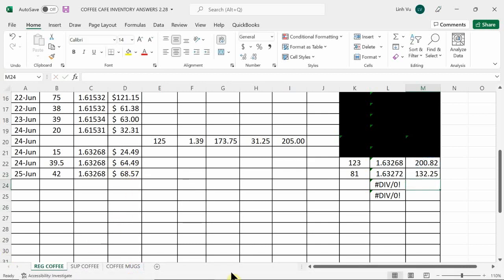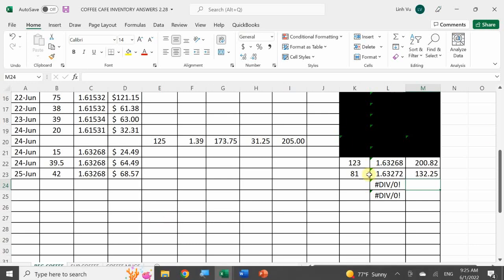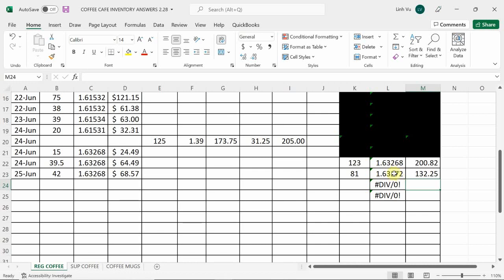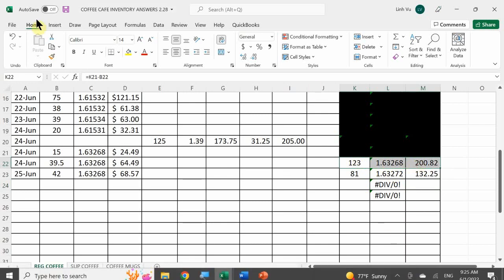Okay? 81 pounds at a grand total of $132.25. Which, as you can see, has increased my average cost per item by 1/1000th of a penny.